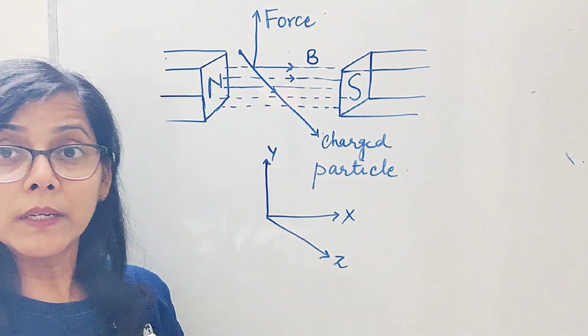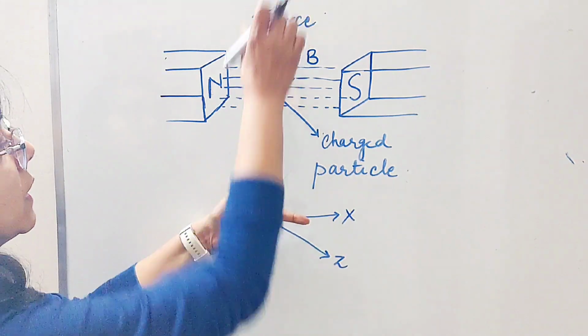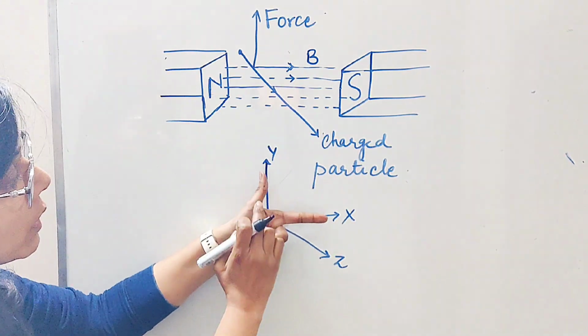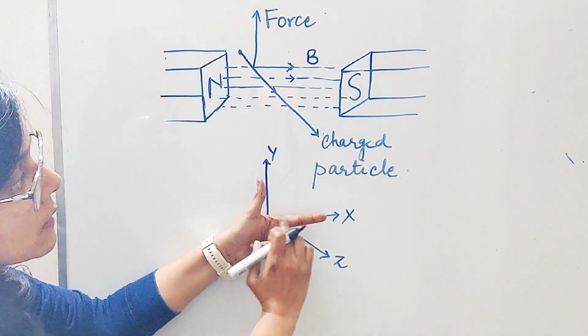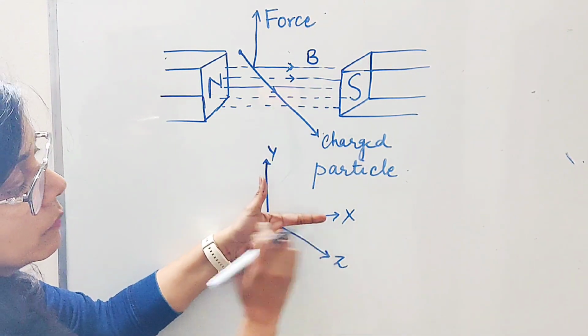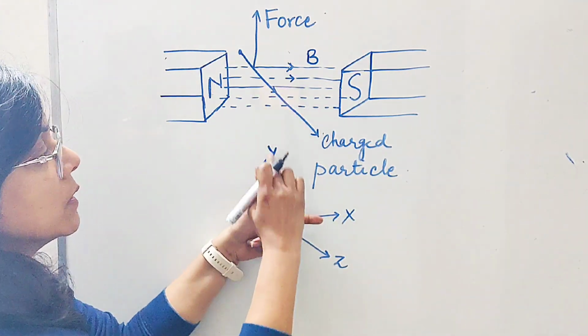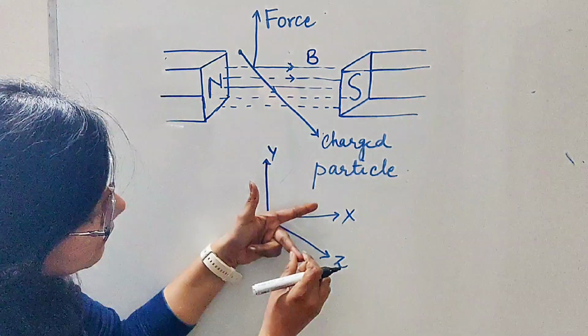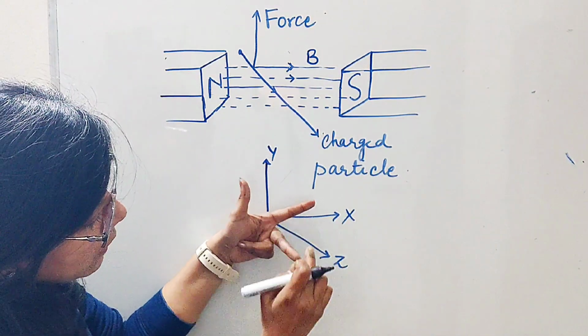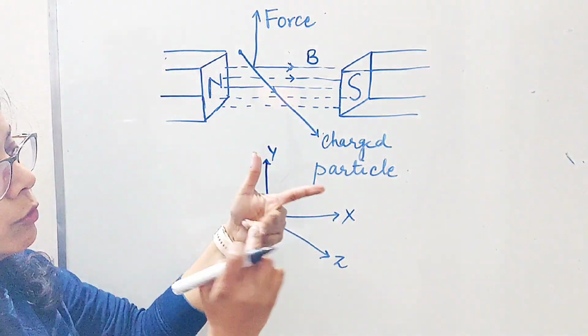So now what is given to us is that force is perpendicular. I am showing you here, this is force and this is the field towards x-axis. Field is towards x-axis and force is towards y-axis. And this Z is perpendicular. See, I have drawn them perpendicular to each other.